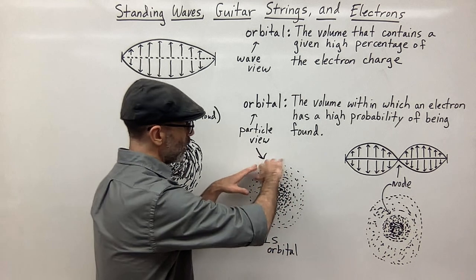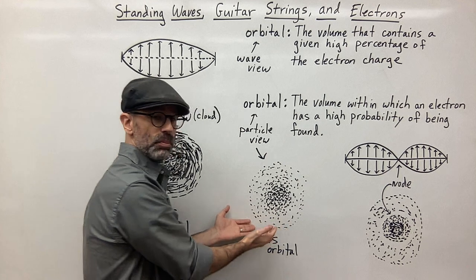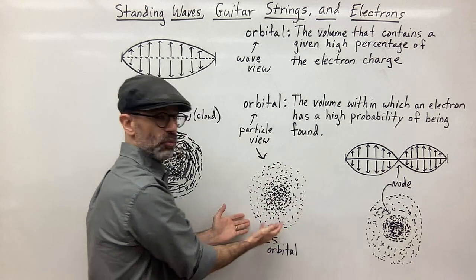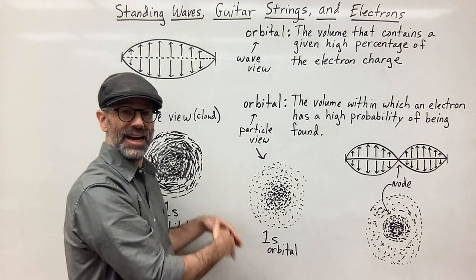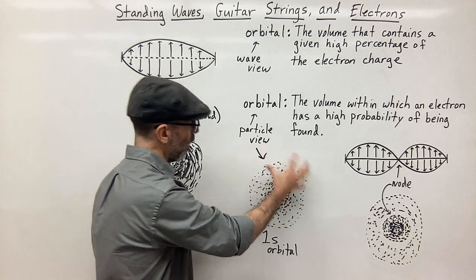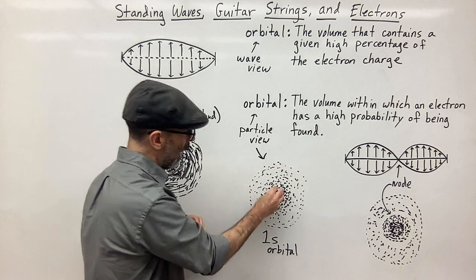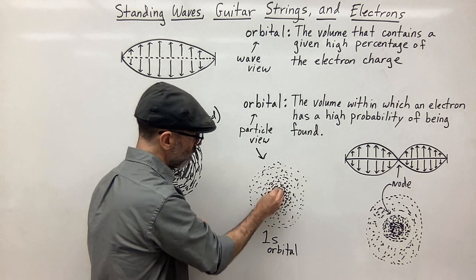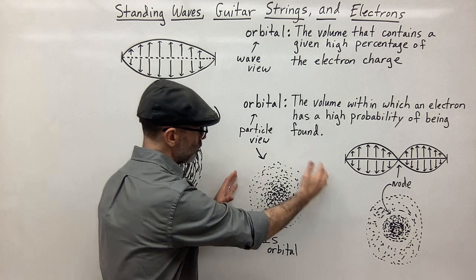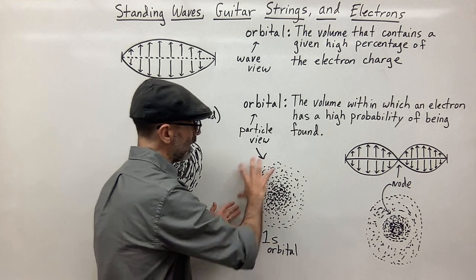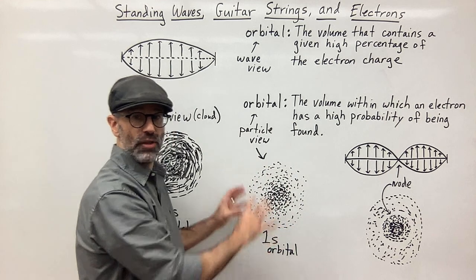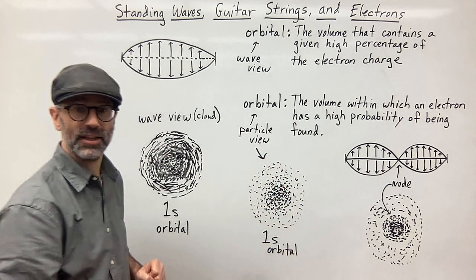And again, the orbital in this context would be the space or the volume in which you have a 90% probability of finding the electron somewhere in here. A higher probability towards the center, a lower probability farther out, but a 90% overall of finding the electron somewhere within this spherical volume. And so that is how we understand the orbital.